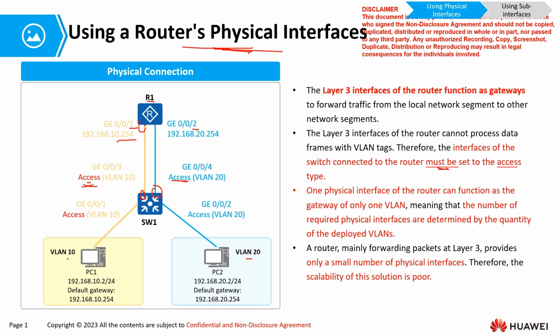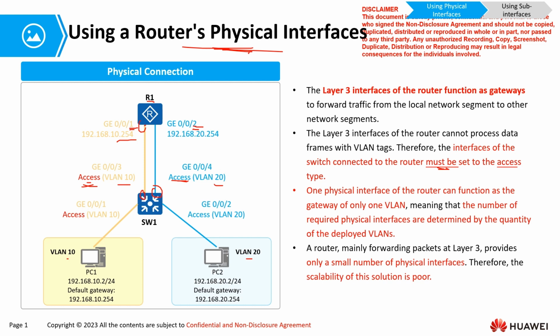In theory this can work, but in the real world it's not practical, because you need to assign many physical interfaces, GE0/0/1, GE0/0/2 and so on, for each of the VLANs you want to support. In the real world it would be very costly.